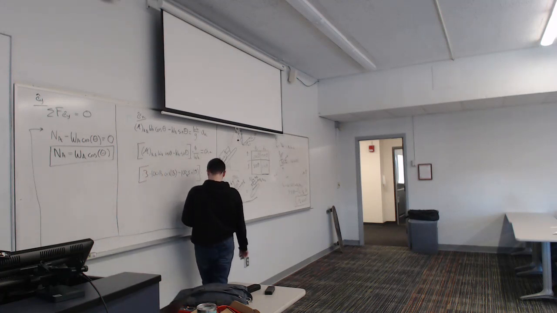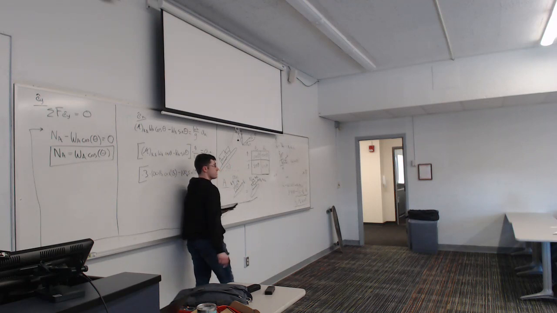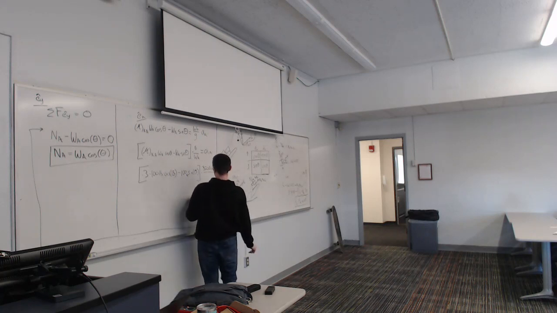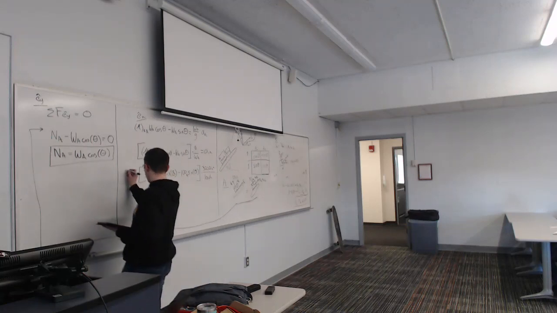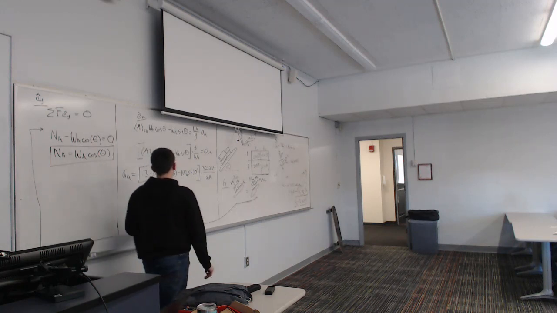Then we're working in English units, pounds, so gravity is 32.2 feet per second squared, divided by the weight of A, which is given as 100 pounds. All of this equals the acceleration of A.